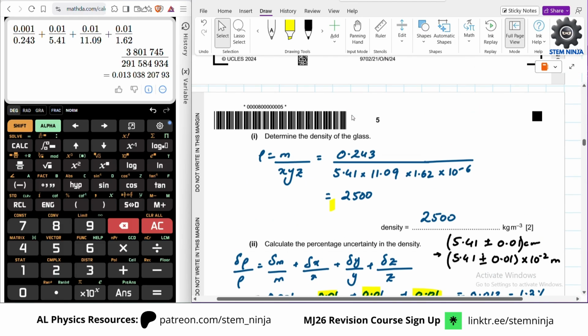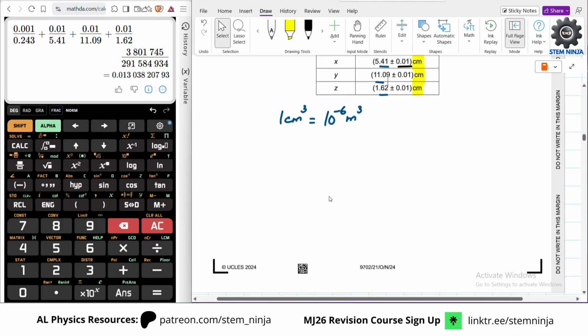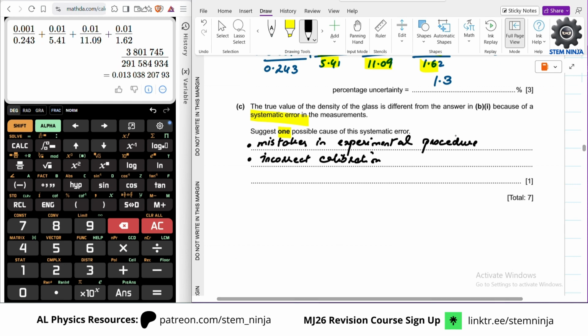Notice one thing over here. The least count of the mass is 0.01, and for centimeters it's 0.01. So for lengths, most likely a vernier caliper was used. So incorrect calibration of the mass balance or vernier calipers.